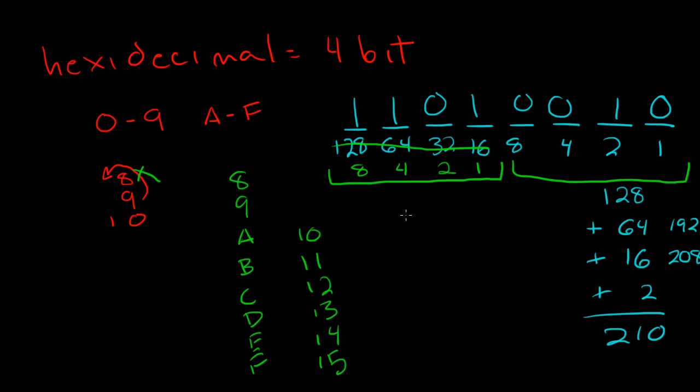So in this case, if we add them together, we get 13, which, if we consult our chart here, is going to give us a value of D. And of course, this one's pretty easy. It's 2. And so we could represent 210 instead as D2 in hexadecimal.